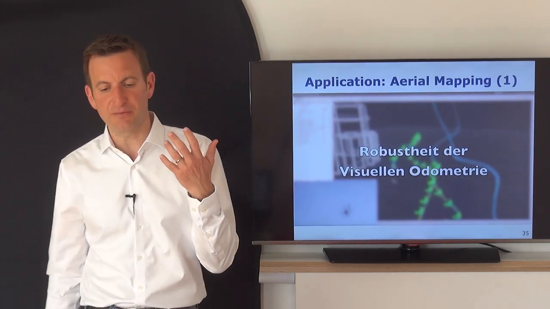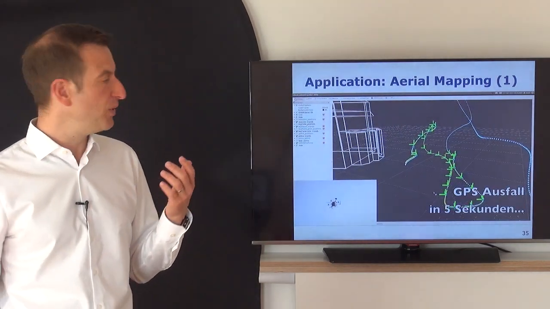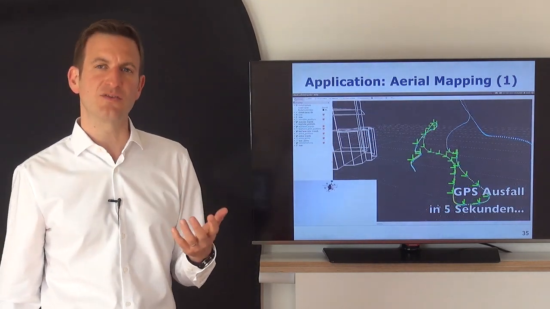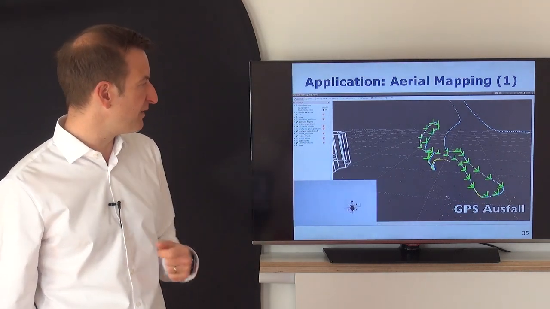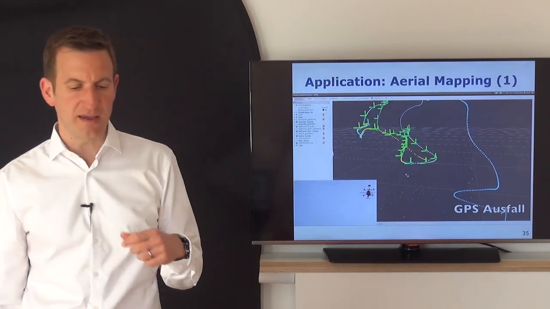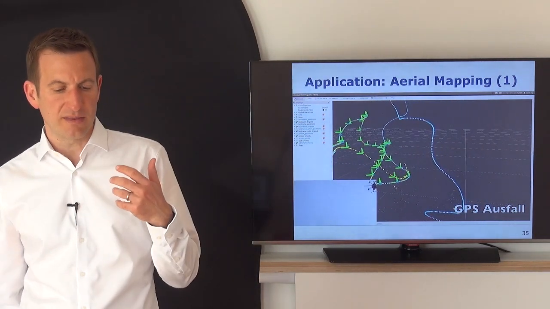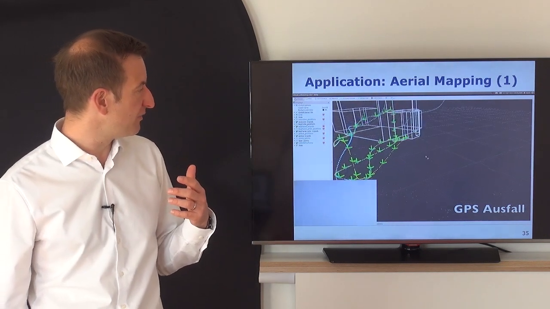So even if we have, for example, GPS outages, so the GPS fails, we can still use the visual tracking system to estimate where and how we are flying. So in this case we have a GPS outage, and we can see here that we can actually continue the track estimating where the UAV is flying without having this GPS information.